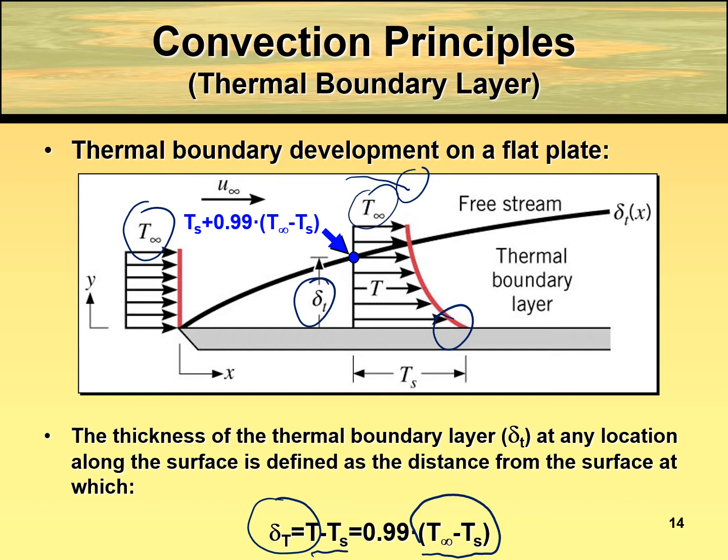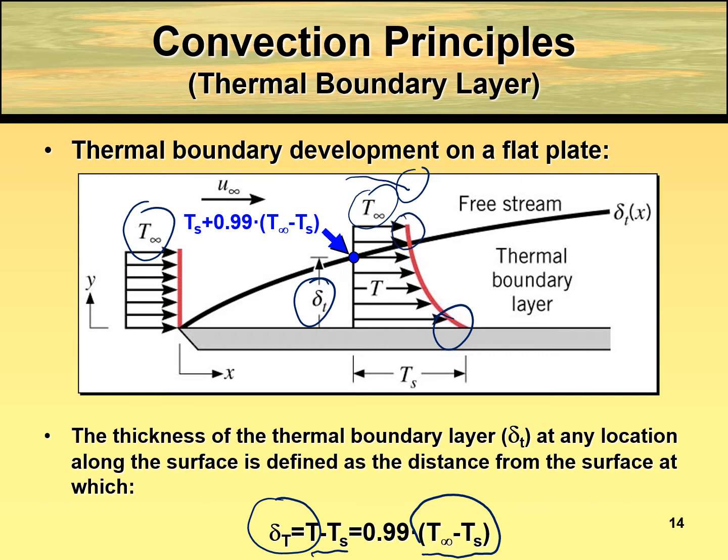As compared with the velocity boundary layer, it is when the velocity is equal to 99% of the free stream velocity, whereas for this one, it is when T infinity is approaching the free stream temperature.